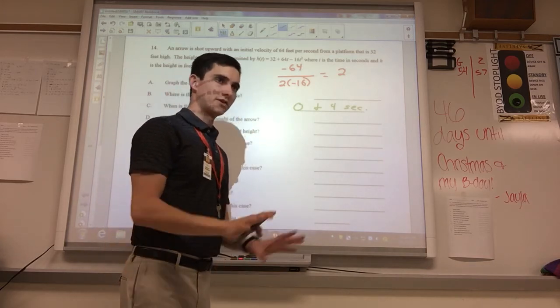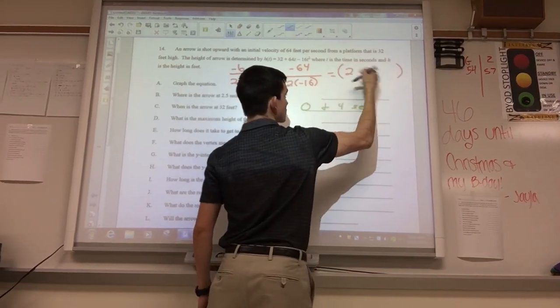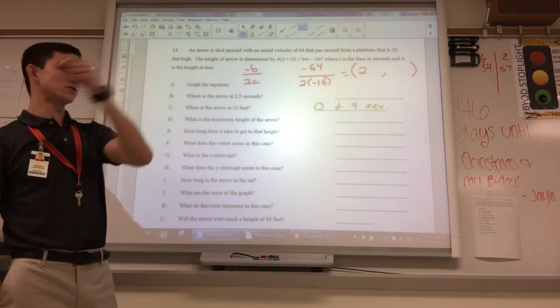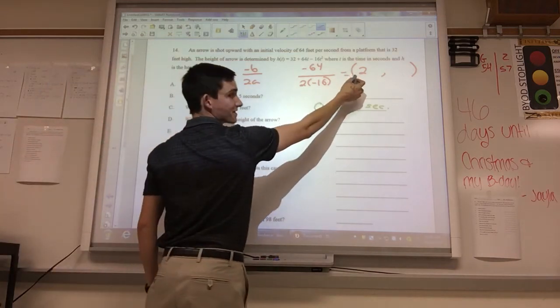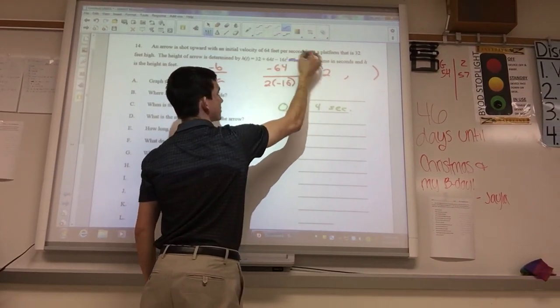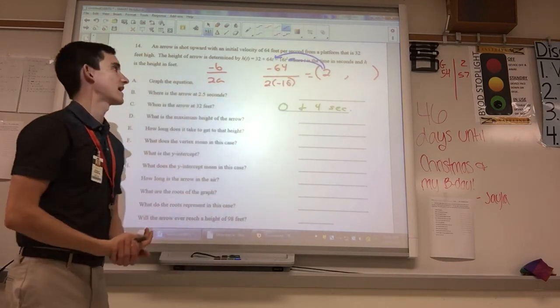Then you plug 2 in. Y'all understand that? So my vertex is 2, comma, something, some height, right? So plug the 2 into the formula for the time, right? And we'll see what the maximum height is.